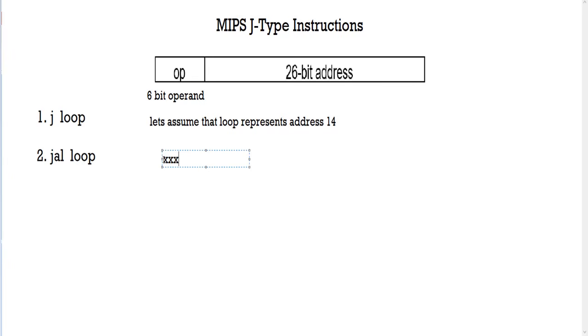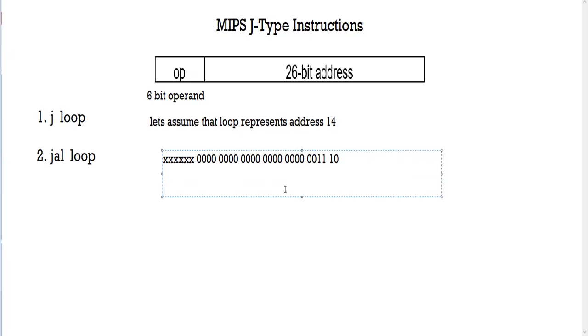So these 6 bits are here to represent the operand, and 26 bits here for this loop. Okay, now 26 bits, for 14 it's 1 1 1 0.